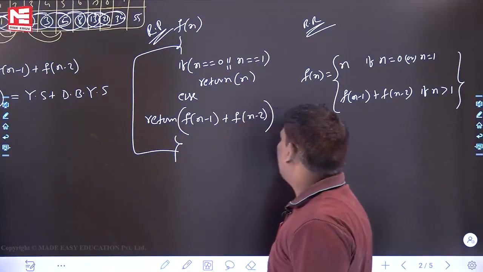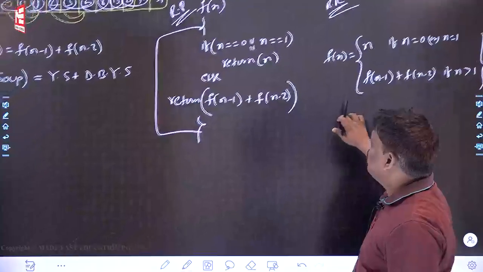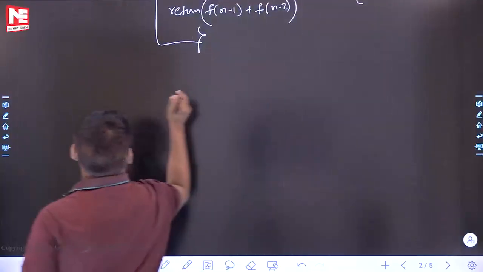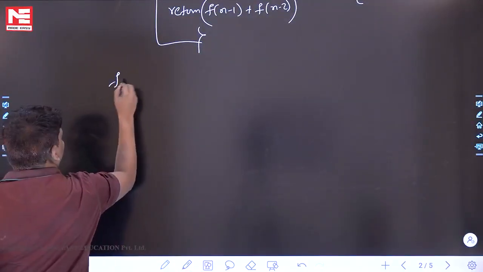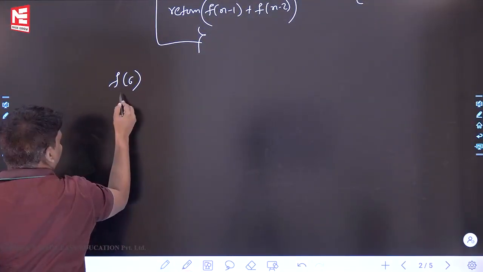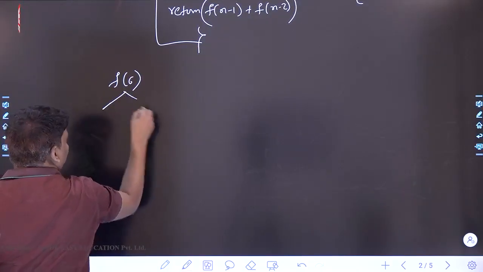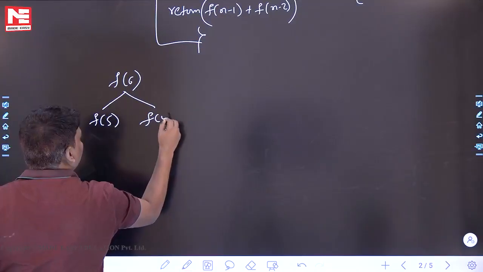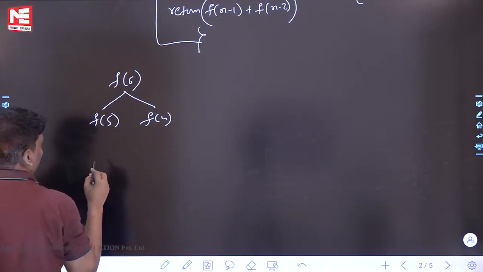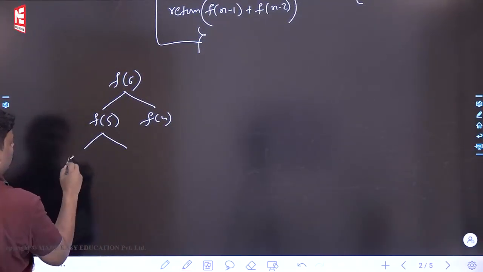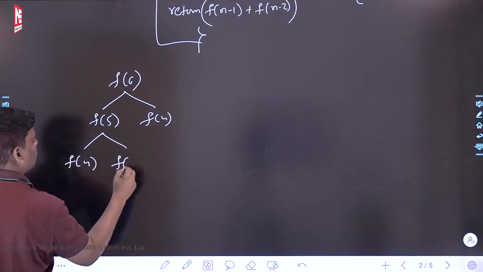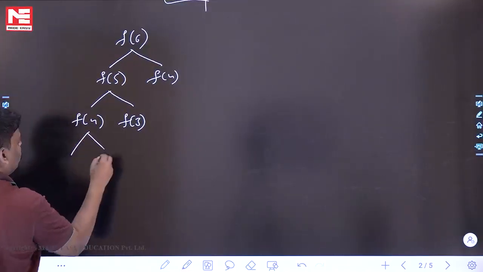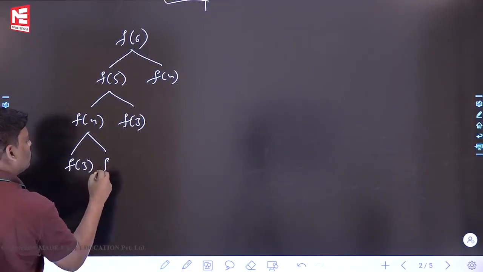Now I am doing the rough diagram for this. Let's see, for this program, what is the time, what is the space? Please see this one. Fibonacci of 6. How to find out Fibonacci of 6? Fibonacci of 6 is based on Fibonacci of 5 and 4. Previous two things you will get Fibonacci of 6. Next, how to get 5? 4 and 3. How to get 4? 3 and 2.